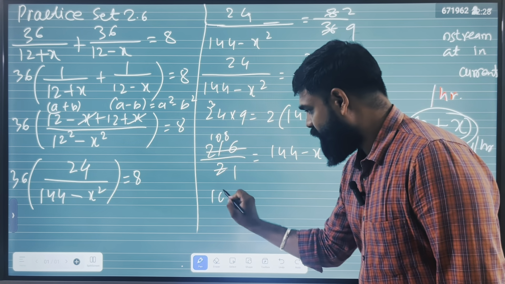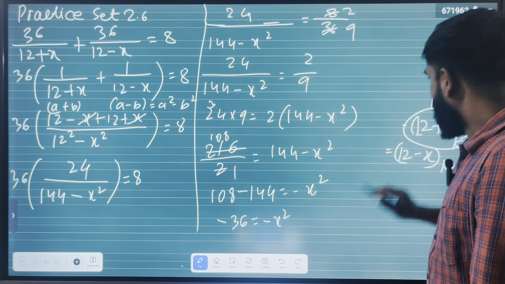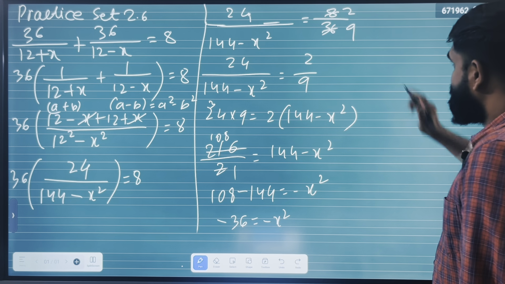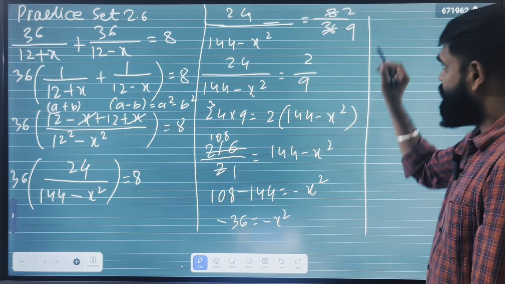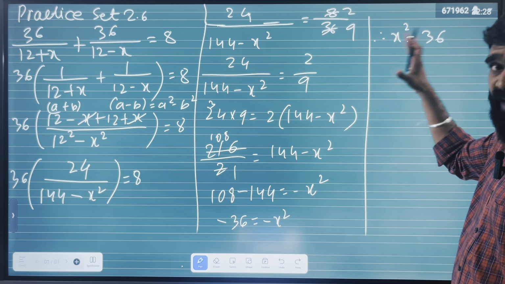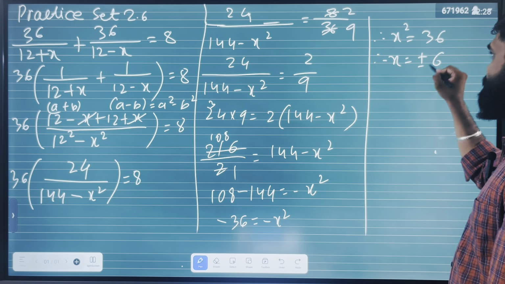Take 144 to the left hand side, that becomes minus x square equals minus 36. There is a negative sign on both sides, LHS and RHS, so we can cancel that sign and have x square is equal to 36. Taking the square root of both sides, x is equal to plus and minus 6.